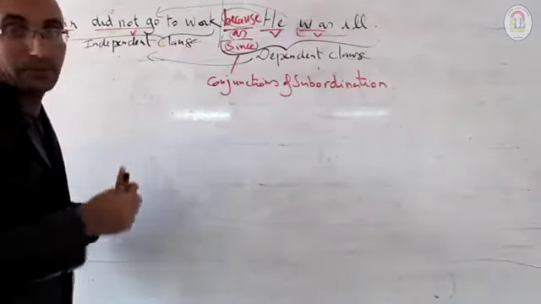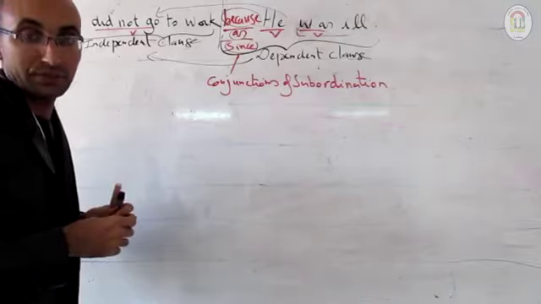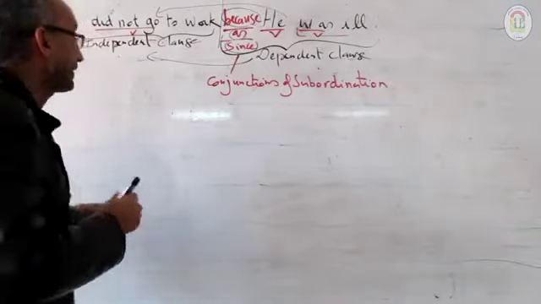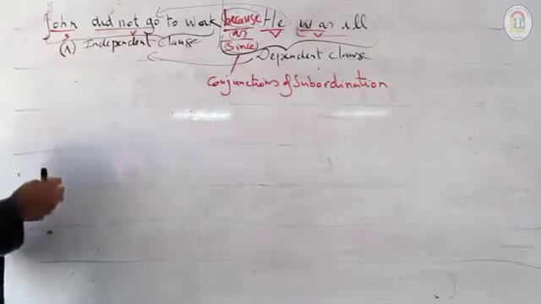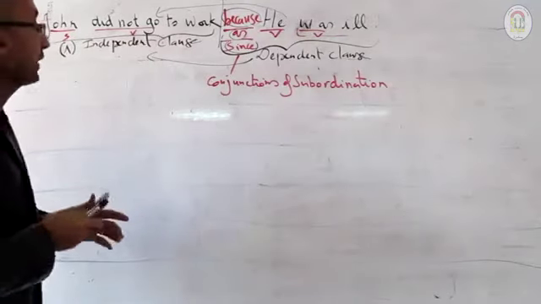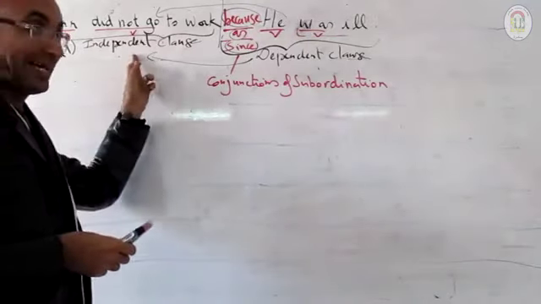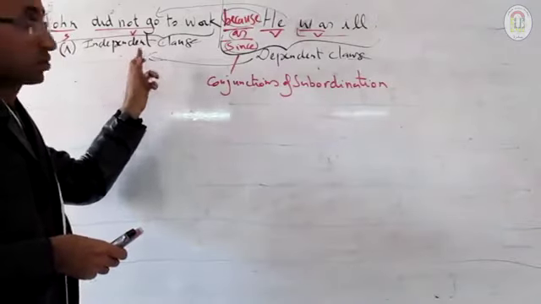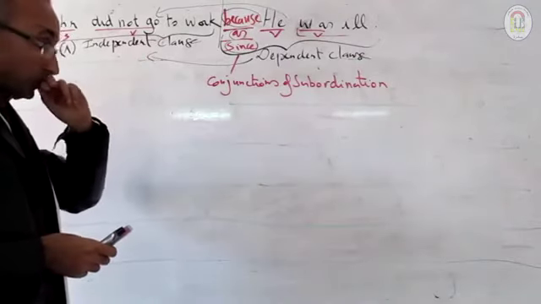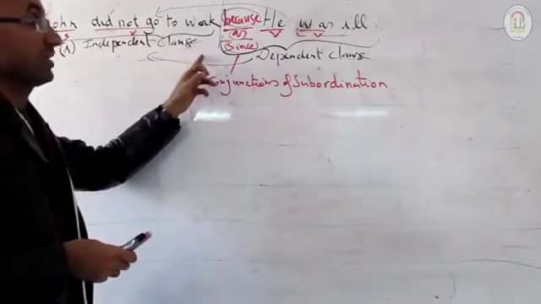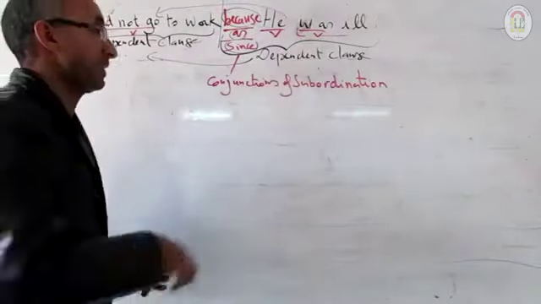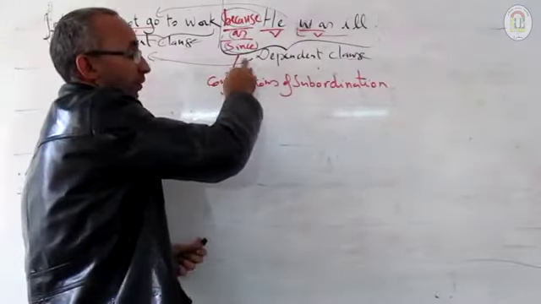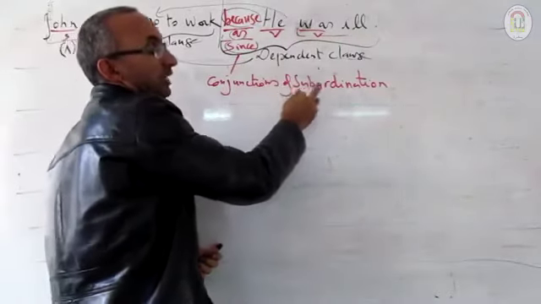Now, this sentence, which consists of what? Here I have only one independent clause joined to another clause which is dependent by means of one of the conjunctions of subordination.